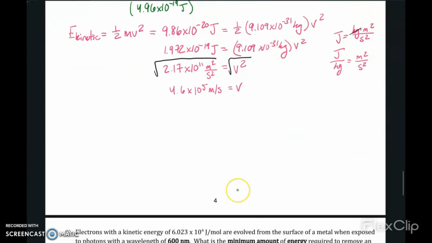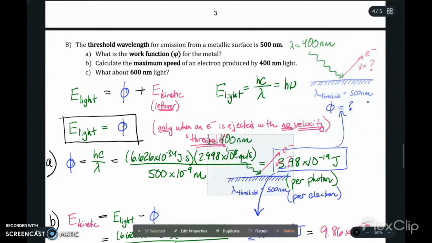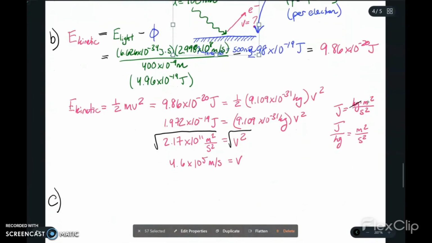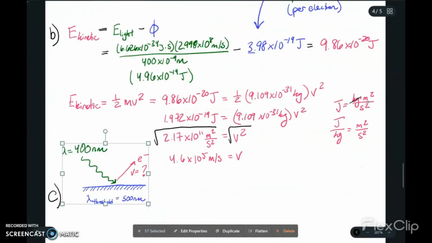So now this last question, part C, basically involves a slightly different wavelength being used, and it's really just a conceptual sort of question, right? Let me move my little diagram that I drew up here, down to this lower part, and talk about how this is going to change.